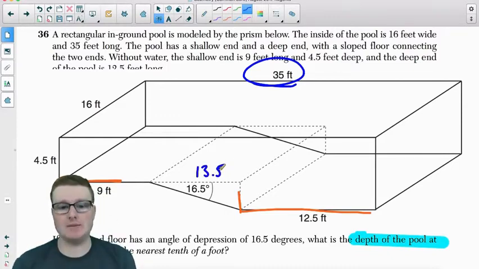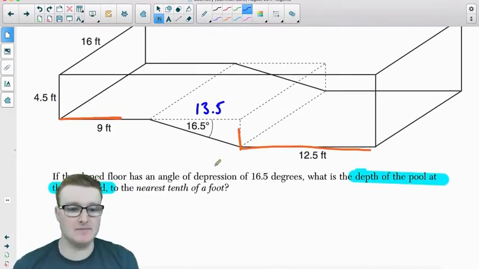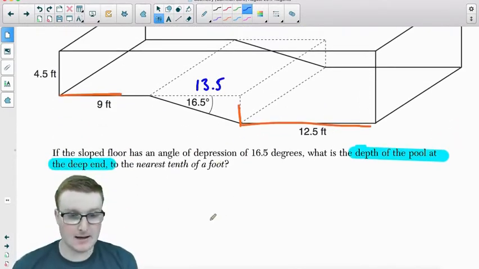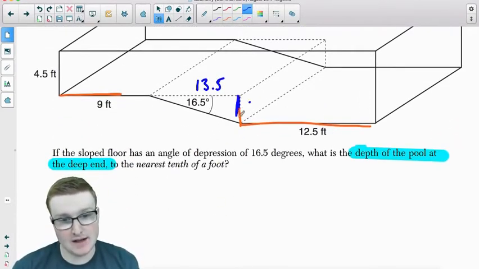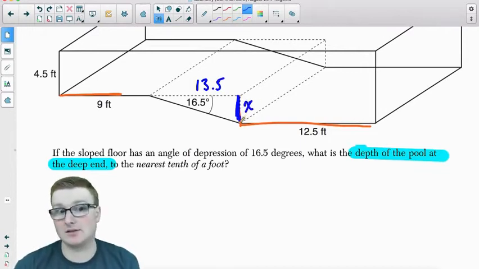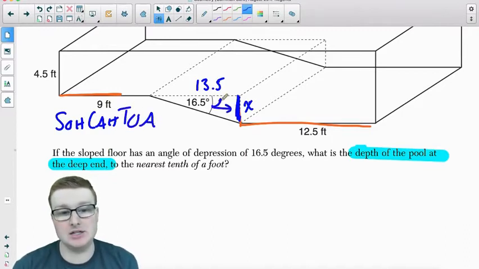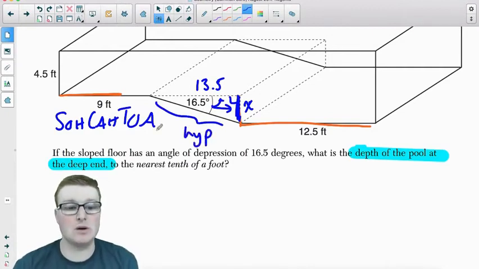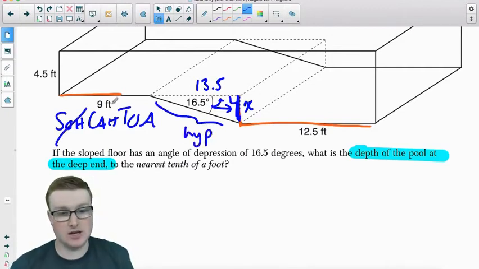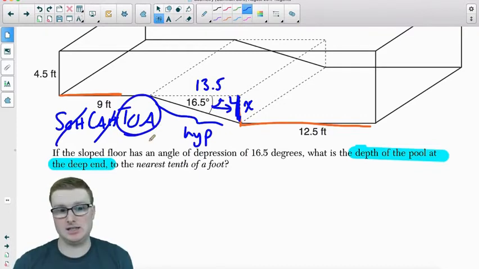Now we can use trigonometry, SOHCAHTOA. We're trying to find this. I'm going to call that x. This is the opposite. This is the adjacent. This is a right angle over here. This is the hypotenuse. We're not working with the hypotenuse, so sine and cosine are out. You are using tangent.